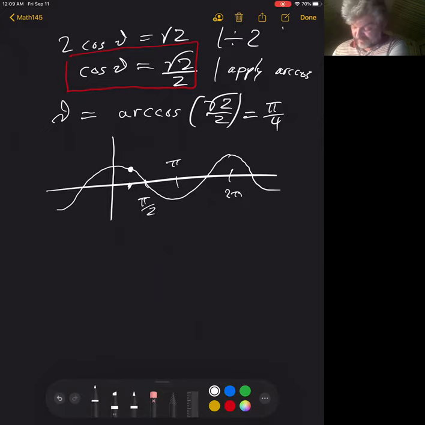And it's best to draw a horizontal line through that point. And then look for the other points where this horizontal line intersects my graph of the cosine. And there's one right here. And there's another one there, and another one. And you can tell this is going on forever and ever.